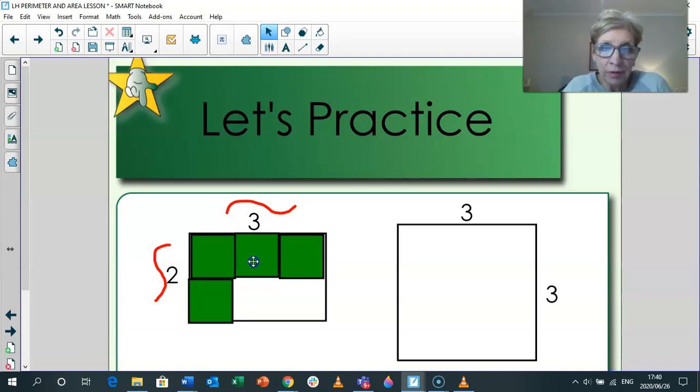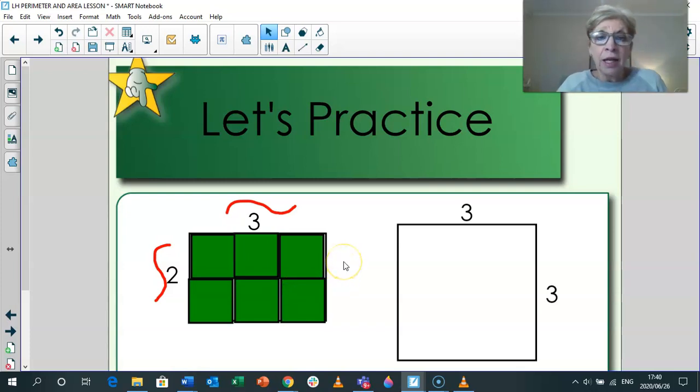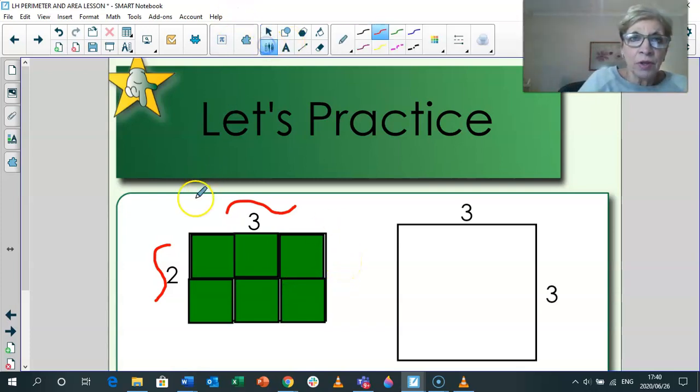Whoops, can't take it from there. Okay, now we've got to be a bit more accurate than that, grade 3. I wouldn't be a good tiler if I didn't do it nicely, would I? So let's count the squares. How many squares does this rectangular shape cover? How much space does it take up? In other words, it takes up 6.